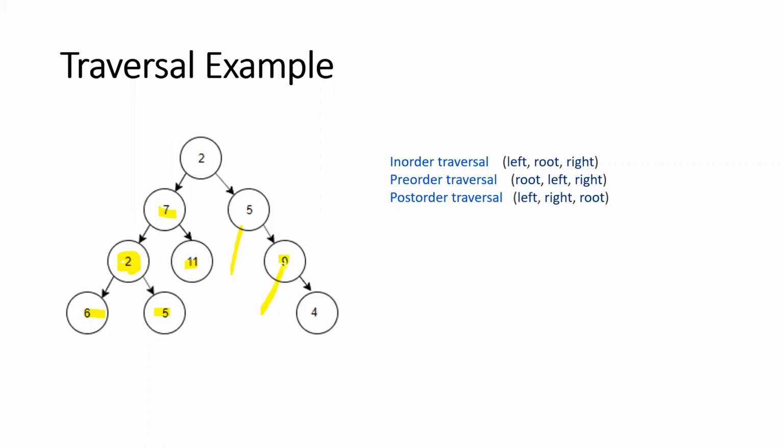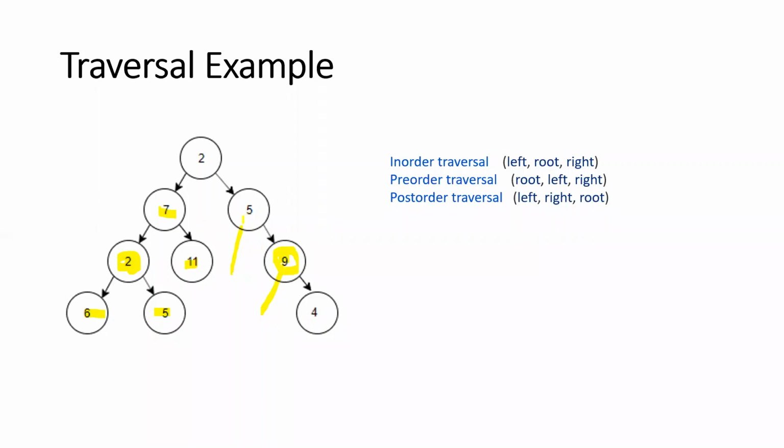So it will be printing first what? Now reaching 9, left is not there. Then 4, it will go to 4 now. 4 will be printed. So standing at 9, left is not there, right we printed. Then what will we print? Then 9 will be printed. Now go back to 5.